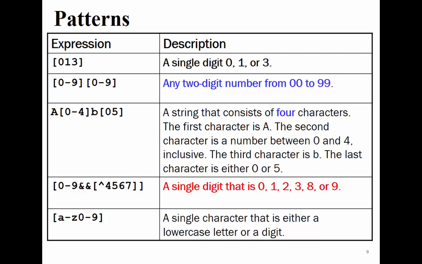It's not unique. So I can just put a square bracket and put 0, 1, 2, 3, 8, and 9, like the first one. So why should I make it complicated for myself? A regular expression is not unique, and that's what we're gonna see on the lab test.